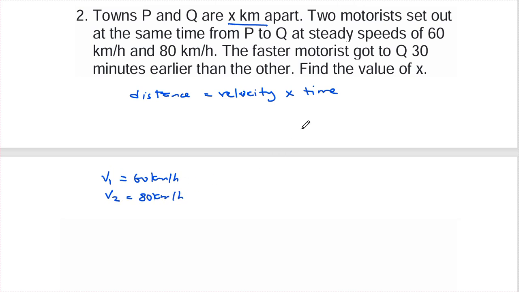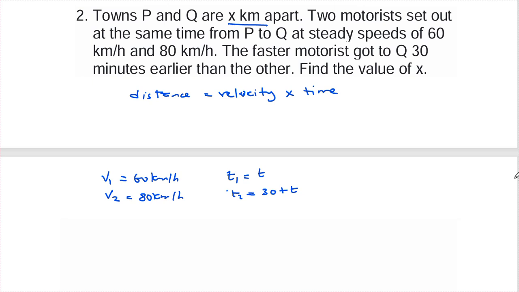Two motorists set out at the same time from P to Q at steady speeds. The speed of the first motorist is 60 km per hour. The speed of the second motorist is 80 km per hour. I'm using V to represent speed. The faster motorist got to Q 30 minutes earlier.